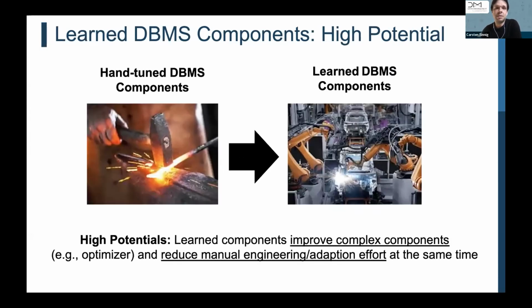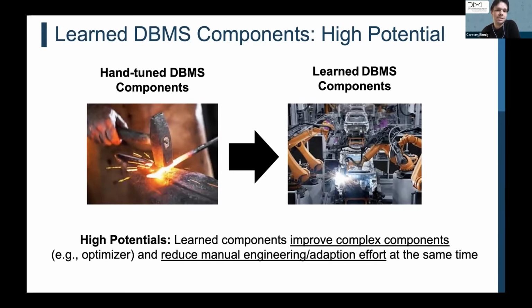Recent papers have shown that this approach has high potential, because learned components can, on the one hand, improve over complex classical components, not only indexes but also optimizers, since they are able to capture better data correlations or complex data distributions than the simple analytical methods or heuristics that we use in database systems.